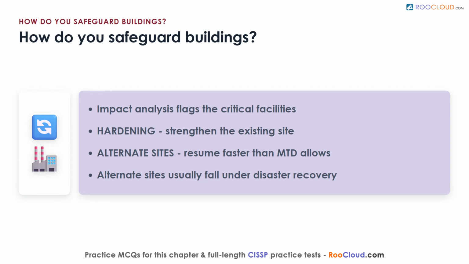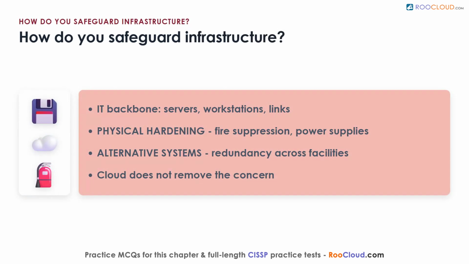Think of it like protecting a coastal home. First you raise the foundation and seal the windows, and if the location is hopeless, you arrange a safe place to stay inland. How do you safeguard your infrastructure? Every business runs on infrastructure, and for most that means an IT backbone of servers, workstations, and the communication links between sites. Your plan protects it two ways, mirroring how you protect buildings.